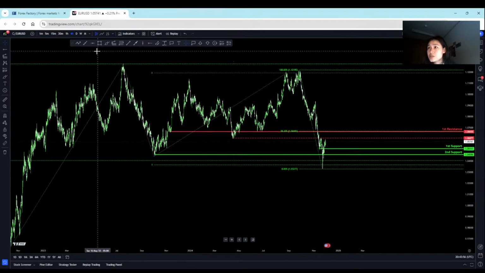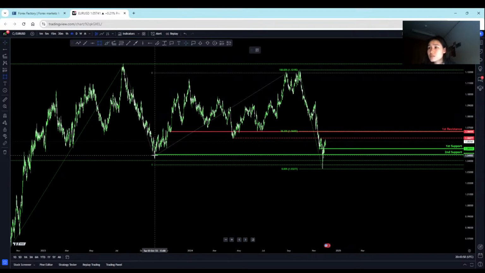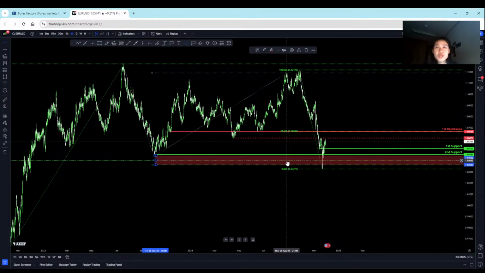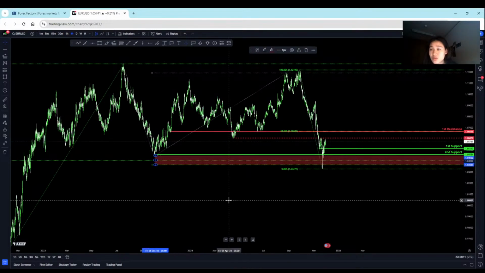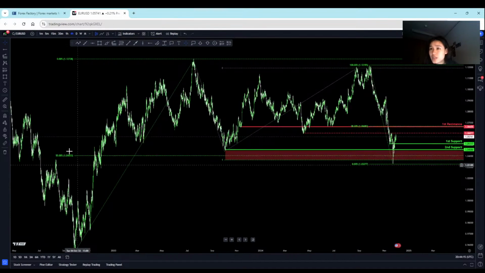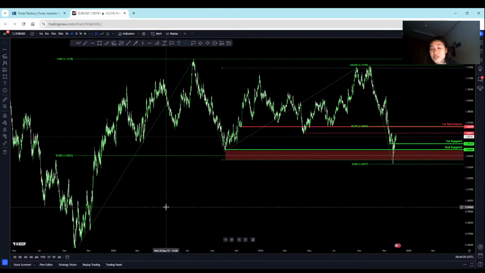So like I mentioned, you don't really have to find levels that line up exactly with these horizontal levels. These are just more for reference. You are trying to find Fibonacci confluence areas more so than specific levels.